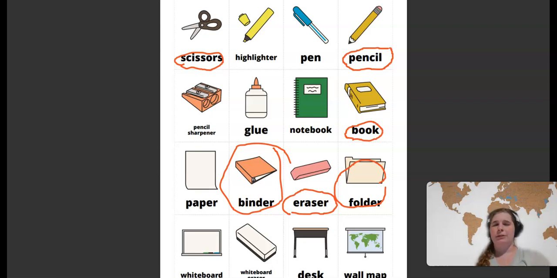I use a pencil to write my homework. What do I use when my pencil is broken? When my pencil is broken, I use a pencil sharpener.